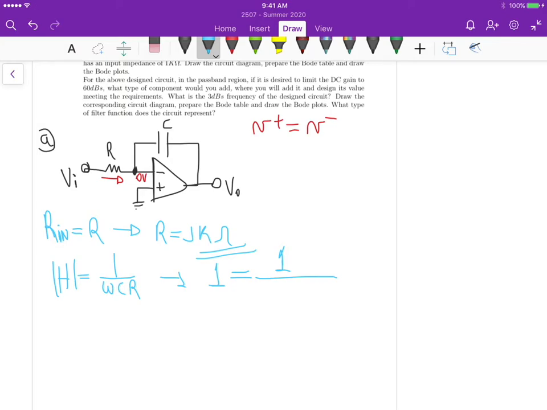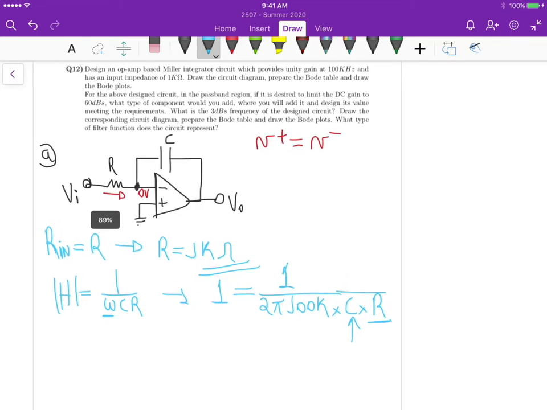Remember that this is angular frequency, so we multiply by 2 pi times 100K, times C times R. The value of R we know, we just need the capacitor value that gives unity gain at 100 kilohertz.